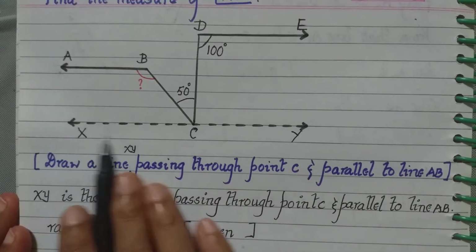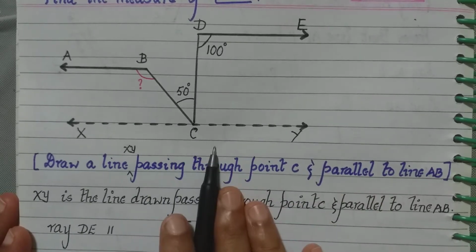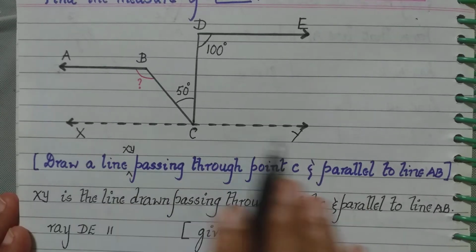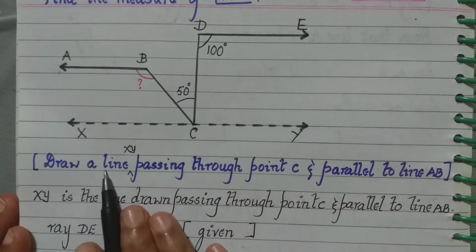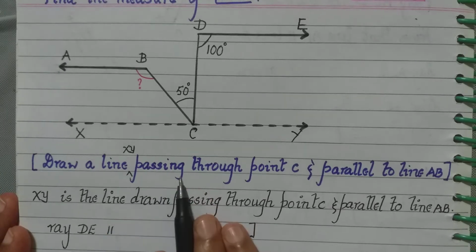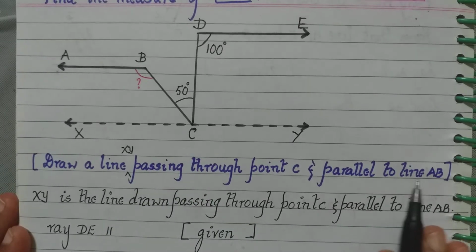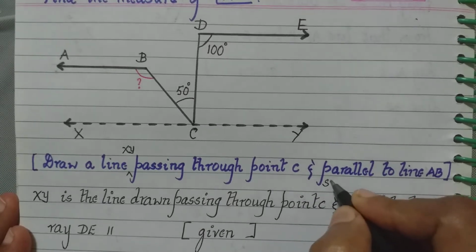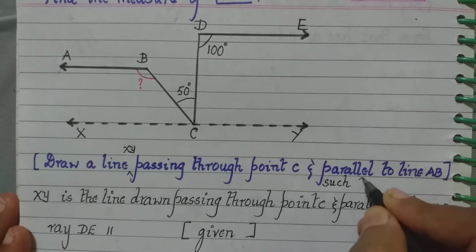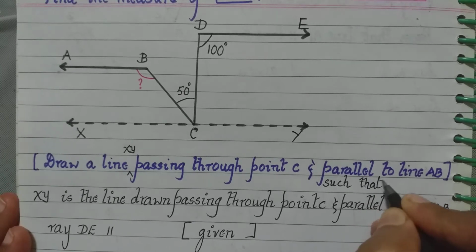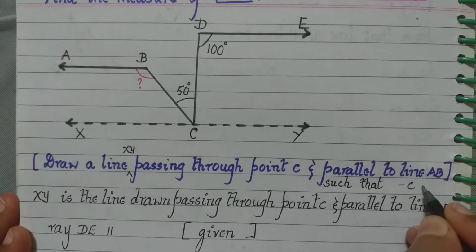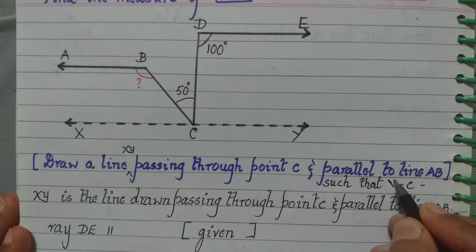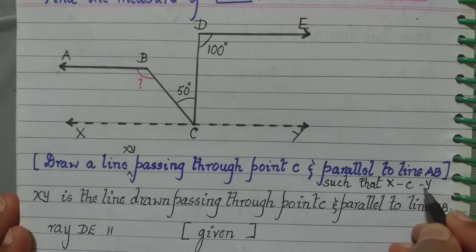Now you see here you have drawn this line XY passing through the point C. So we see that X and Y lie on either side of C. So we can say draw a line XY passing through point C and parallel to line AB such that the point C lies between X and Y.